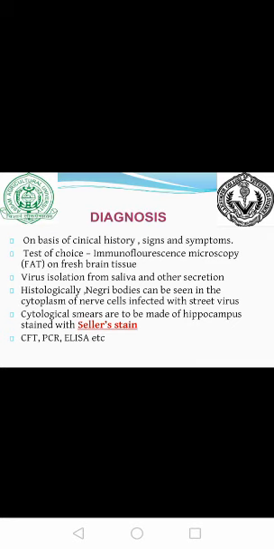Histologically, Negri bodies can be seen in the cytoplasm of nerve cells infected with the street virus. Cytological smears are to be made of hippocampus and stained with Sellers stain. Complement fixation test, PCR, ELISA can also be used for the diagnosis of this disease.